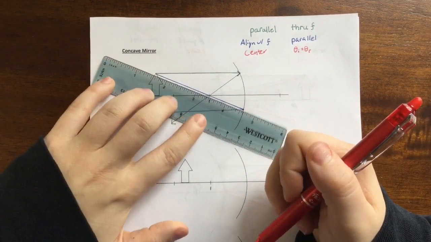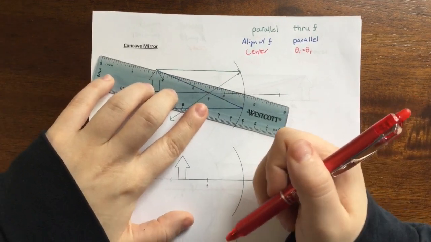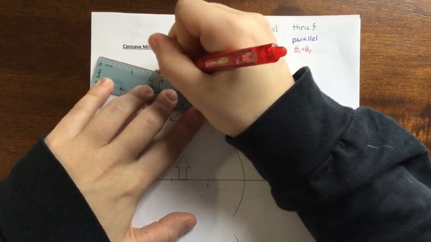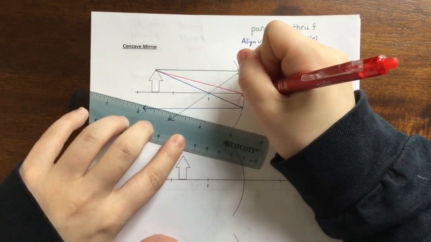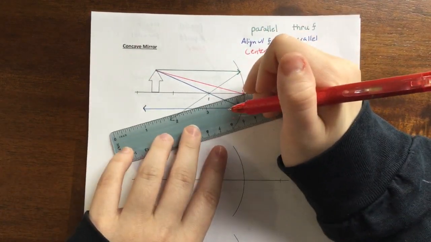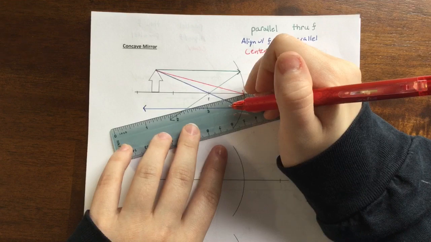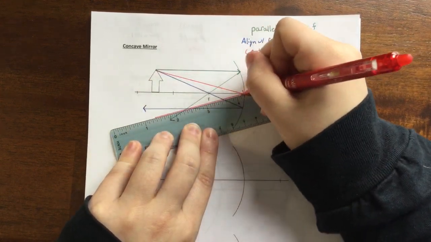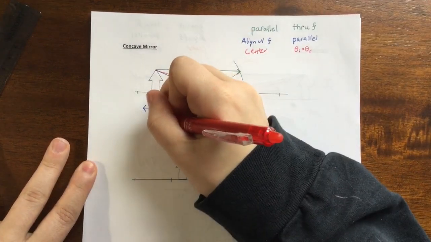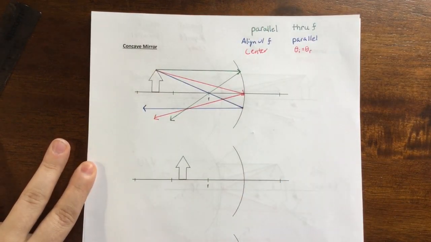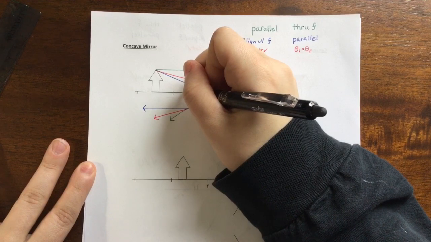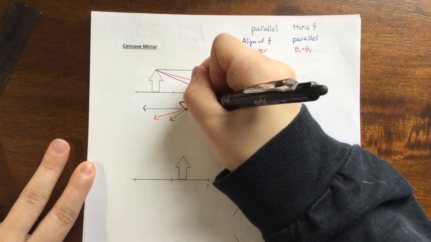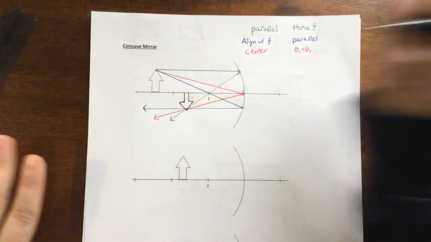Last one, hit the center, and then you just kind of force it through that point. As long as it looks like it makes sense, you should be fine. That will place our image there.